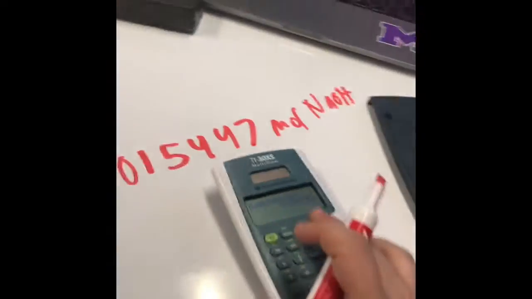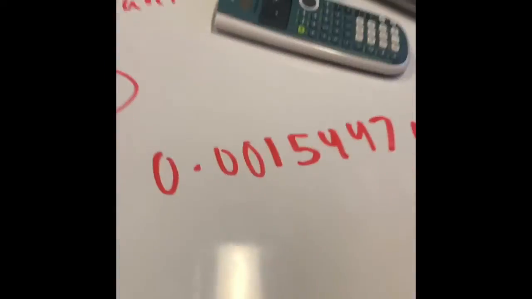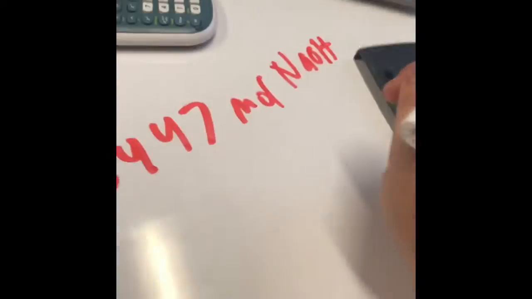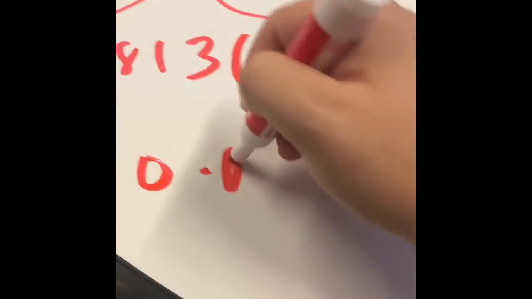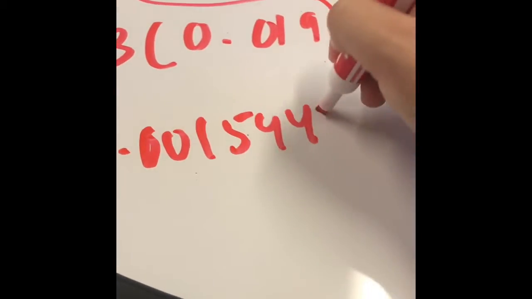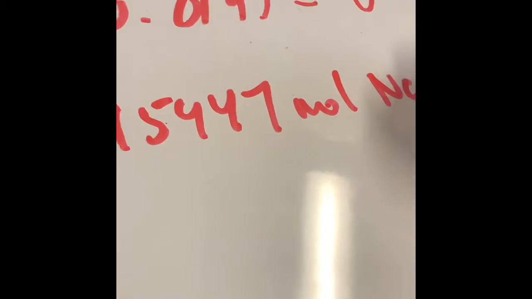So we're looking for citric acid, so we have to convert this to moles of citric acid. So then we're going to do 0.01547 mole NaOH.